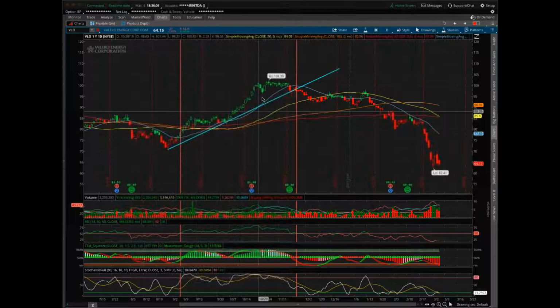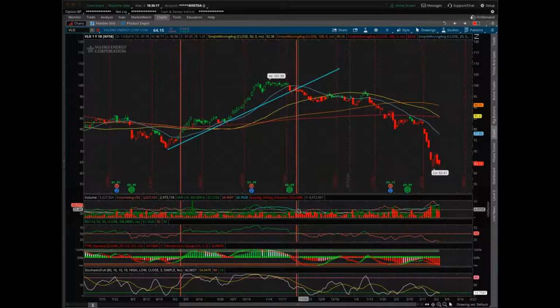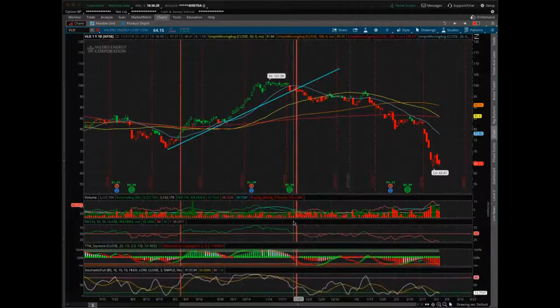So the price action here and the 20-day, it broke, right? So this uptrend broke and this 20-day broke. So this is the area that it broke. And then also this is the area where the DMI red crossed over, the RSI crossed below 50, momentum crossed to the downside with the squeeze forming, and stochastics were heading to oversold. So all of these lined up right here before it started dropping as well.